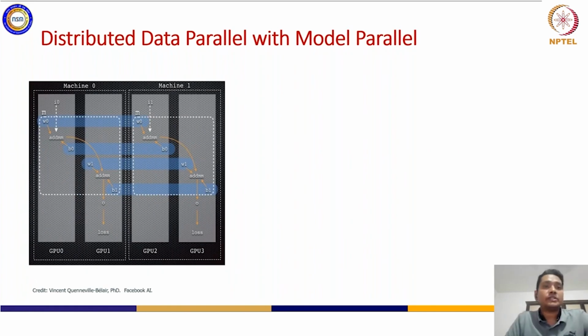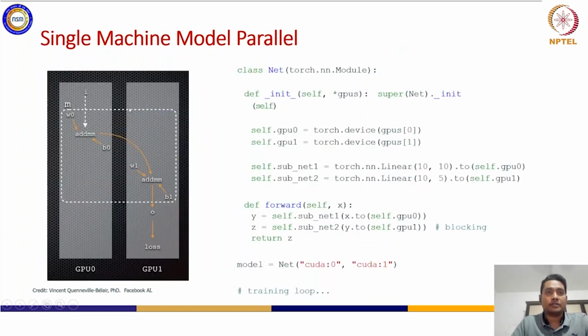Next, the distributed data parallel with model parallel. Okay, so again, we have multiple nodes, and these multiple nodes have multiple GPUs, as we have seen. And if you remember the model parallel on a single machine with multiple GPUs, you have defined which layer goes where.